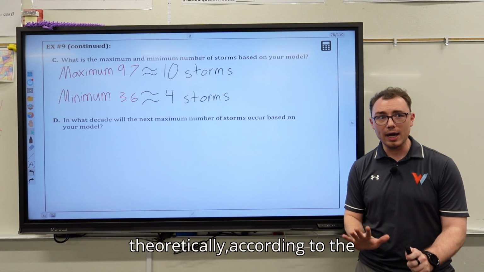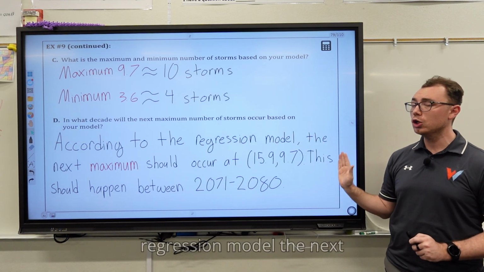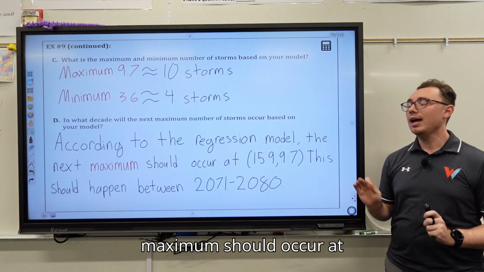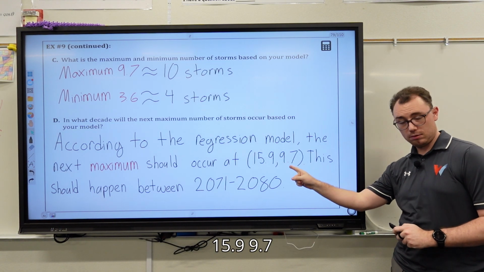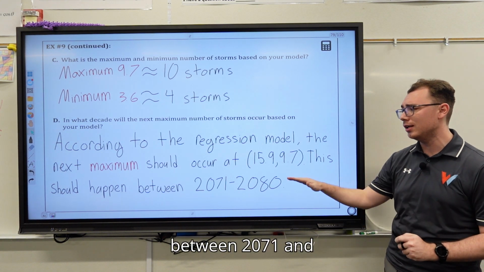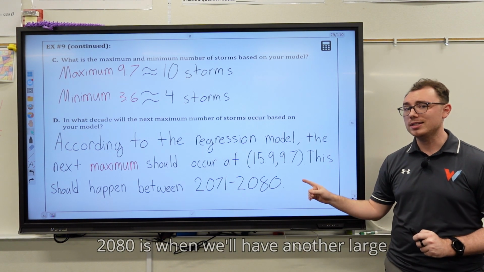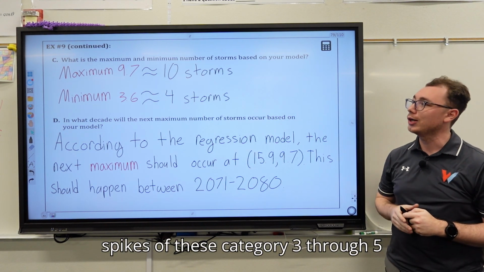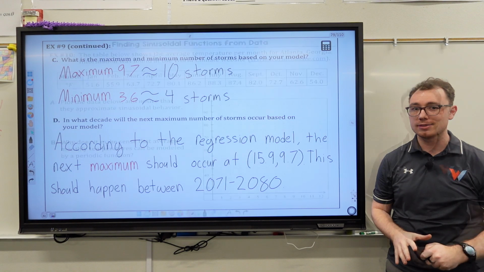Well, theoretically, according to the regression model, the next maximum should occur at 15.97. This means that between 2071 and 2080 is when we'll have another large spike of these category 3 through 5 hurricanes.